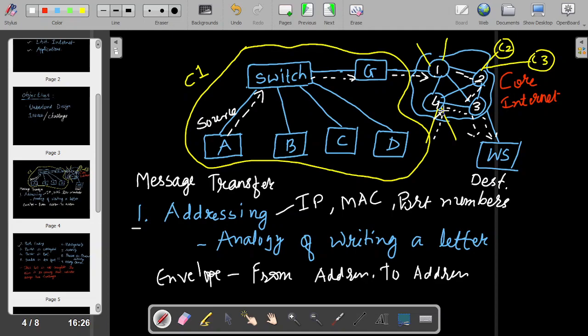Without knowledge of path, data communication is not possible. So path finding is also an issue which is to be handled by internet. So in our future study, we will look at how routers find paths to various destinations and how they process incoming packets.